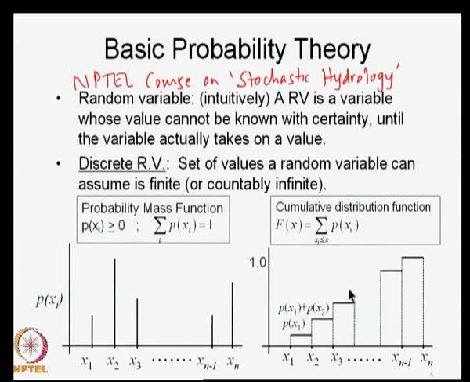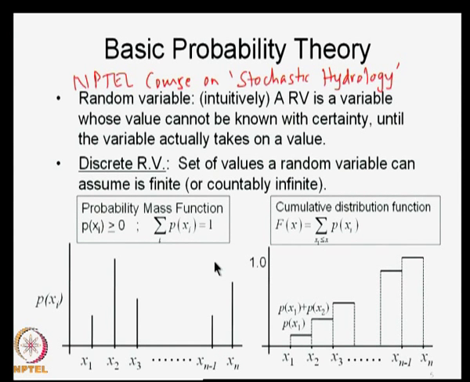You sum all the probabilities up to x4, and that is what you get as probability of X being less than or equal to x4. In the case of discrete random variables, the mass function that we have thus defined gives the probabilities of discrete events.